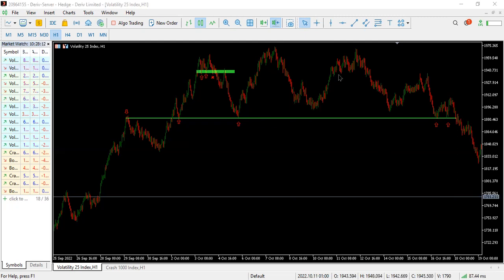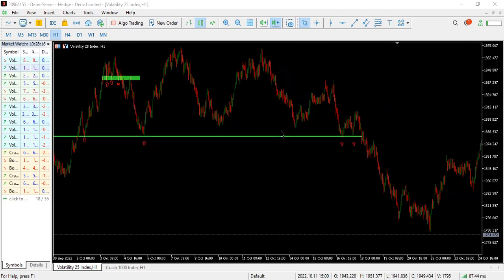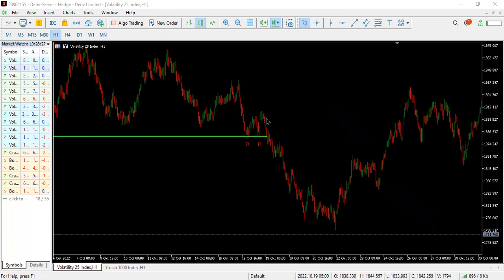But look at what happened after. You can see the structure is not the same anymore. Look at what happened again when the price got to this level. It tried to go up, but it failed. So you're not going to consider this one as valid. You're not going to trade this one; as much as it is valid, it is not good to take a trade on this one.